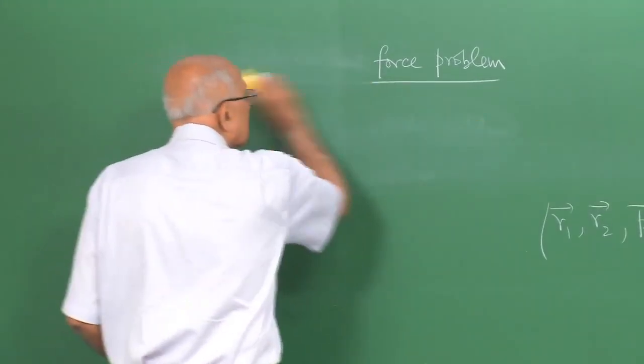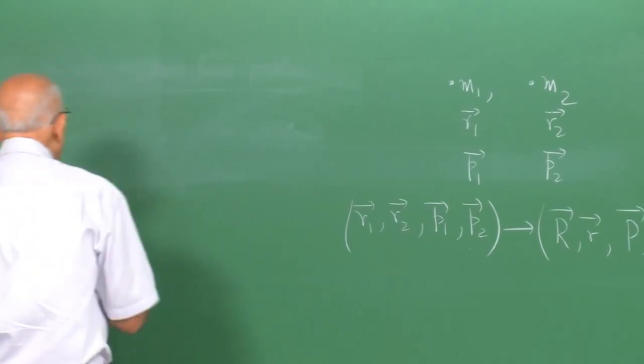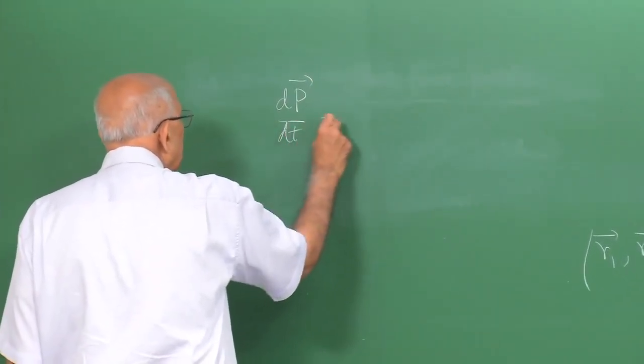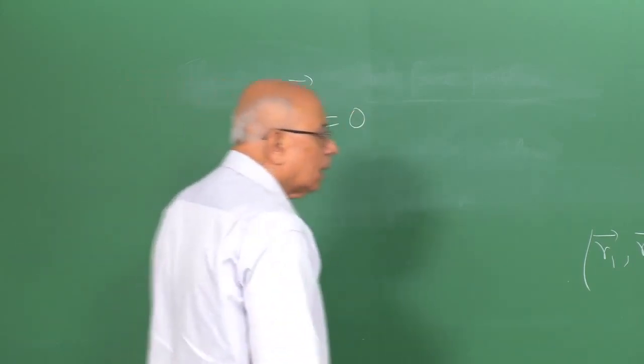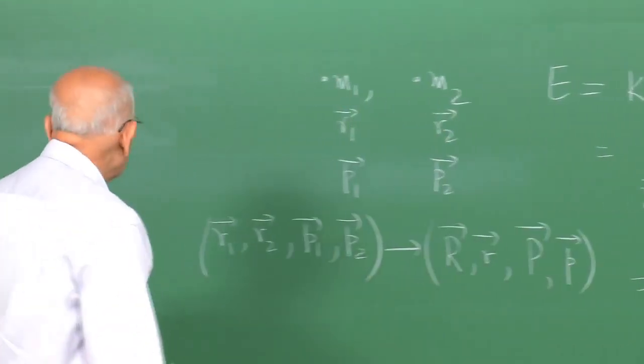As a consequence, if I wrote these equations down for the rate of change of these coordinates and so on, it turns out that dP over dt equal to 0, and I shan't write down exactly how this is derived from the total energy, but it is fairly straightforward to do this.